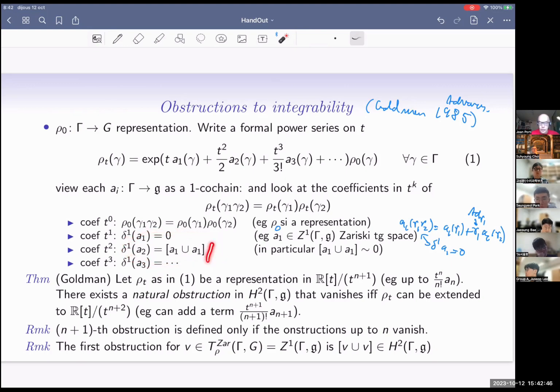It's something that you can work out with all the ingredients I gave. I have a formula for this. You check that if you have this formula and you look at the term in t squared, the coefficient in t squared, you get this.